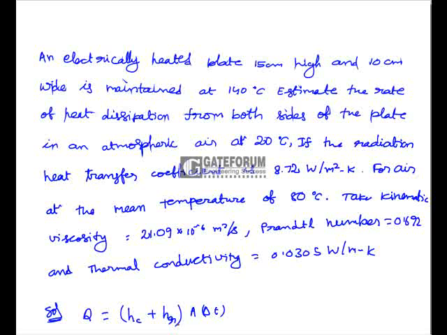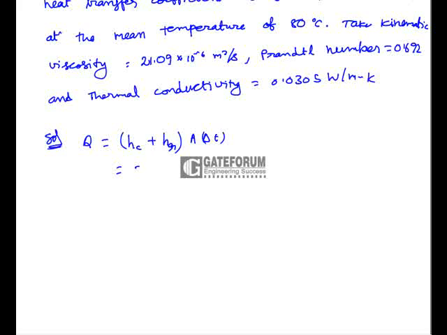Since we have to find the heat dissipation from both sides, the total heat transfer is equal to 2 into (Hc plus Hr) into A into delta T.